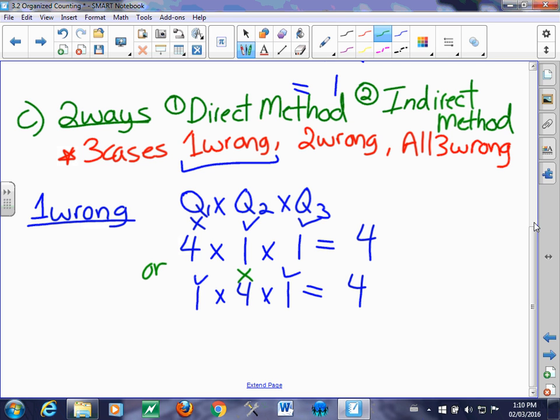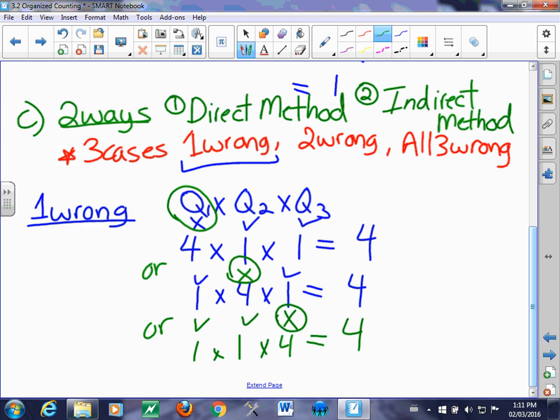Or you could get question 1 and 2 correct and the third one wrong. Again, there's only 1 way to get it correct, or 4 ways to get it wrong. So with 1 wrong, for the first one question 1 was wrong, for the second one question 2 was wrong, and for the third one question 3 was wrong.